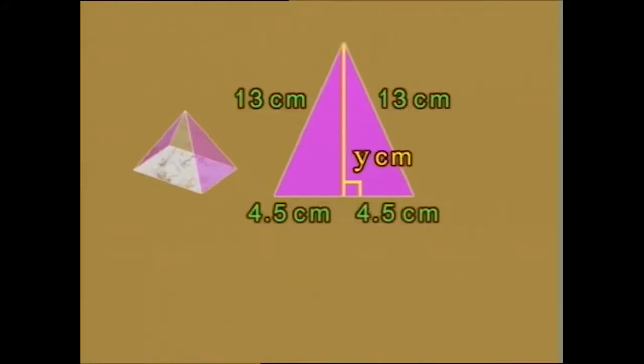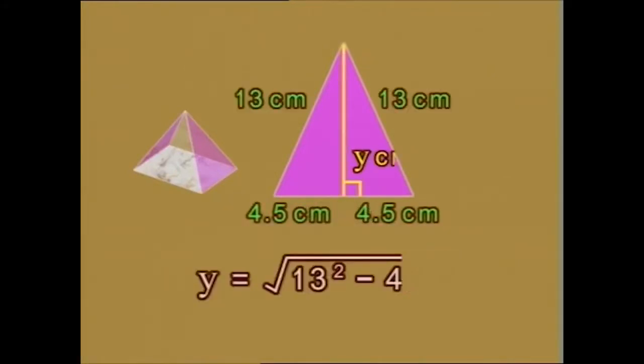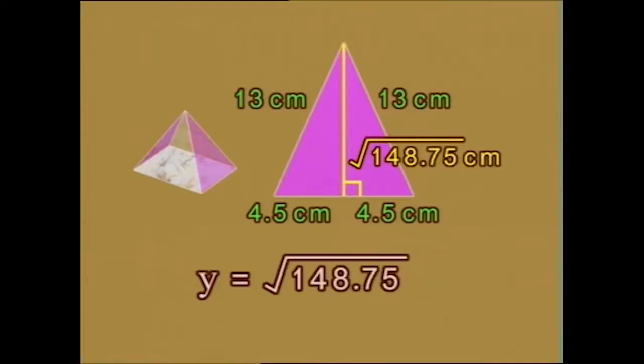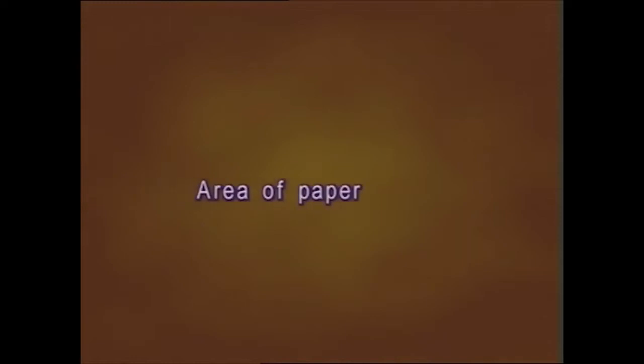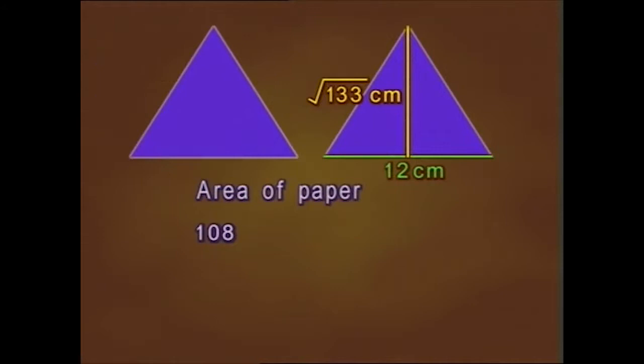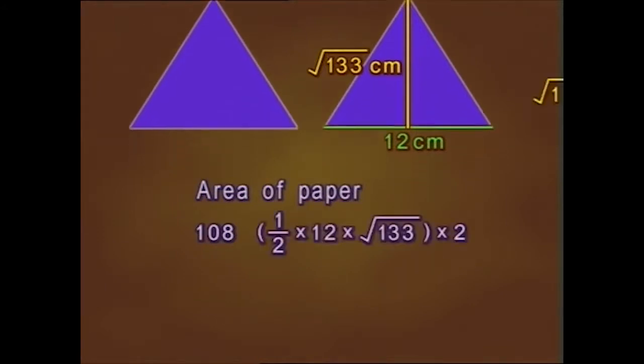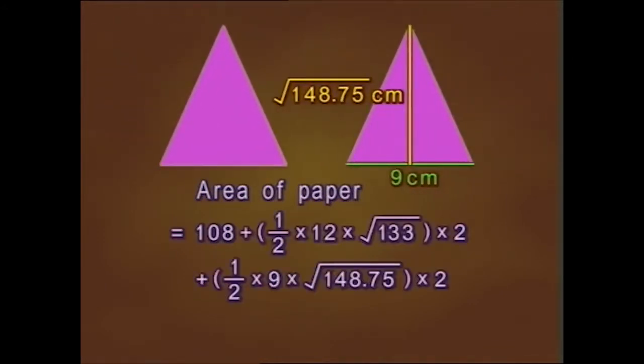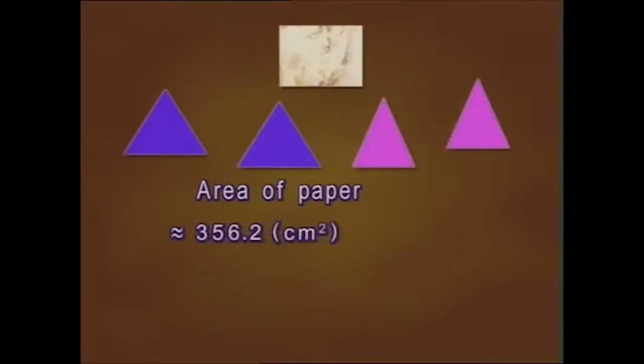Using the same method, we can calculate their height as the square root of 148.75 centimeters. Therefore, the area of paper used equals the area of this rectangle plus the areas of the front and rear triangles plus the areas of the 2 side triangles, which equals approximately 356.2 square centimeters.